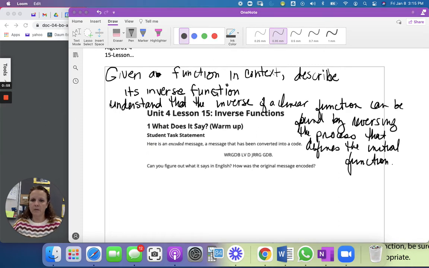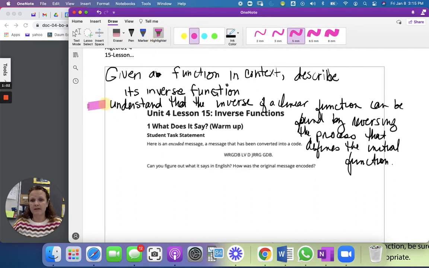All right, I think more importantly to your understanding would be this second one. Understand that the inverse of a linear function can be found by reversing the process that defines the initial function. So when we say function, it can be anything, like the cost of a meal plan in college based on the number of meals, like 3 plus 4n.